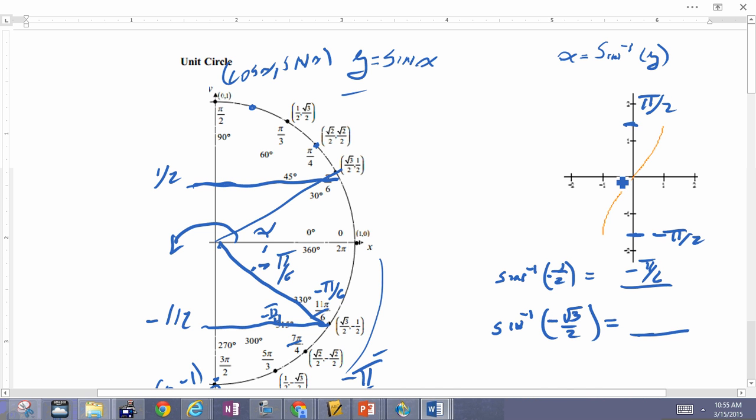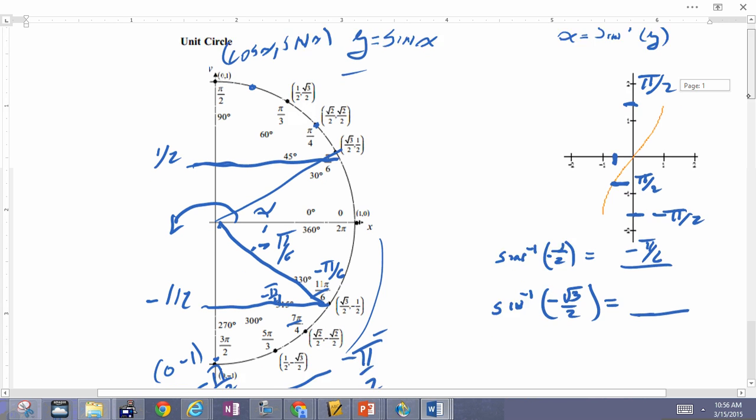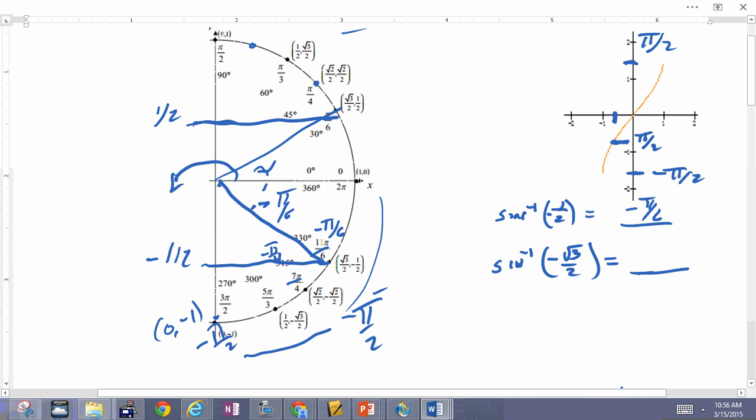And on the graph, we know that with a negative 1/2, we're going to pick up a negative value, and in fact it's going to be negative pi over 6. Likewise, if we were asked to evaluate the inverse sine of negative root 3 over 2, that's a y value. On the graph over here, negative root 3 over 2 is about negative 0.85, which is running right down at the bottom here.